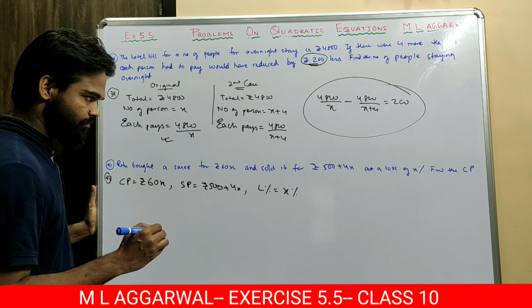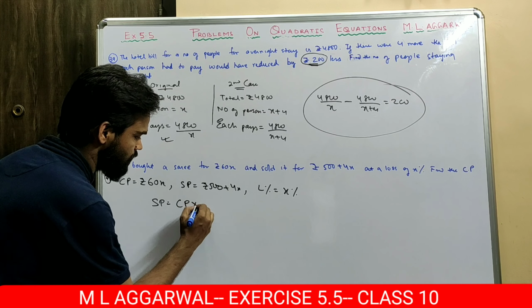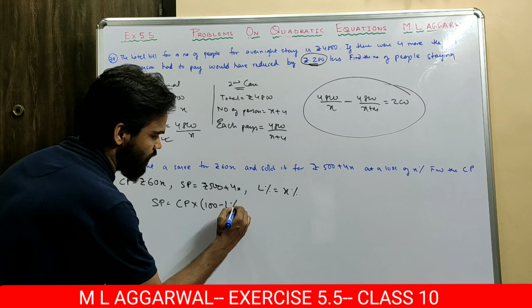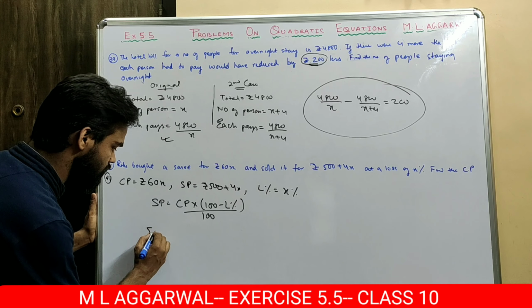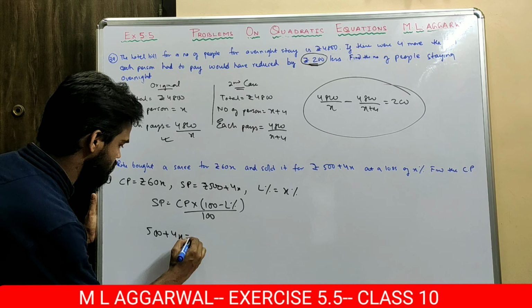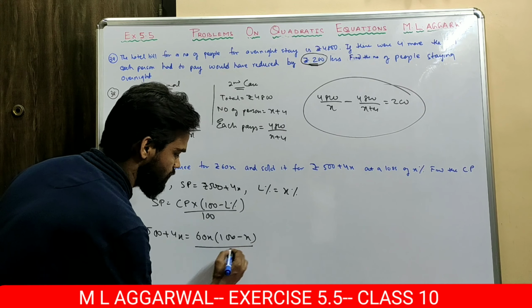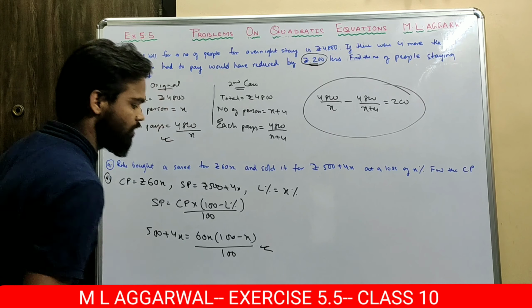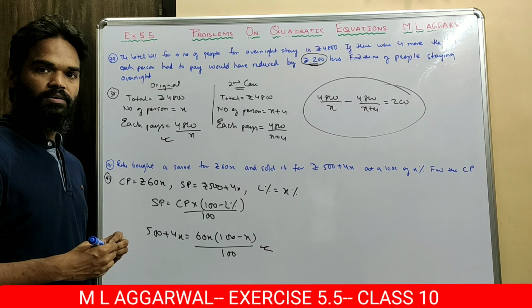Now we all know that SP is equal to CP into 100 minus L% by 100. Just substitute the values, which is 500 plus 4x equals 60x bracket 100 minus x by 100, and that's your equation. Solve it. Now let us look at the next sum.